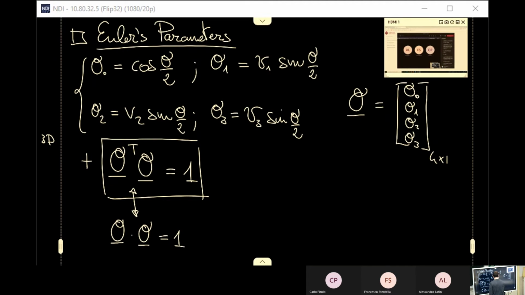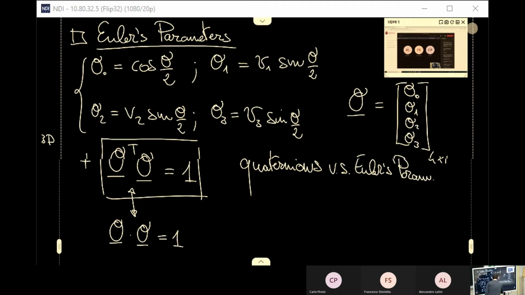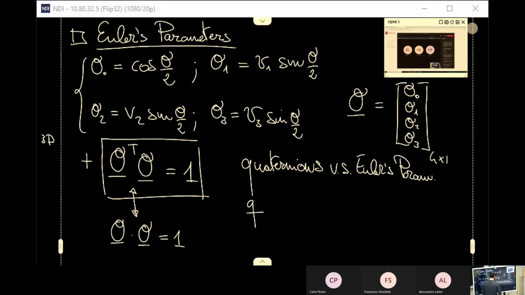So for example, you can identify the quaternions as a quadruplet like this. Cool. So it's a vector which lives in the 4-dimensional space, just like theta. And it's defined like this.